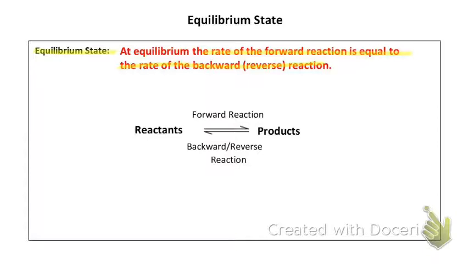Now, I should make note here, and this is really important, so you might want to write this down in your notes, that equilibriums are pretty natural in nature. In other words, nature prefers to move towards an equilibrium state. Equilibrium states are very stable in nature. All right?